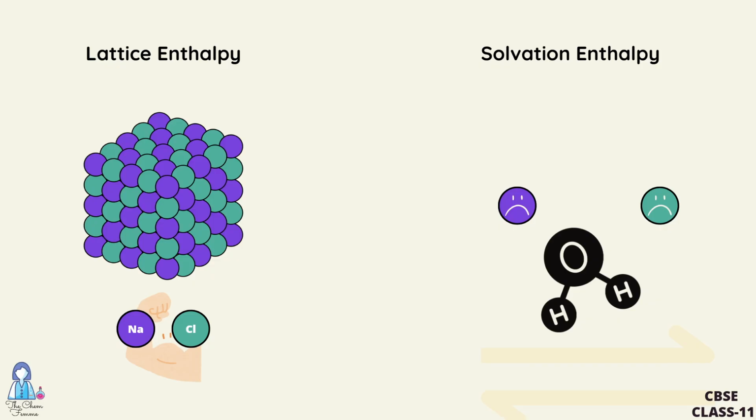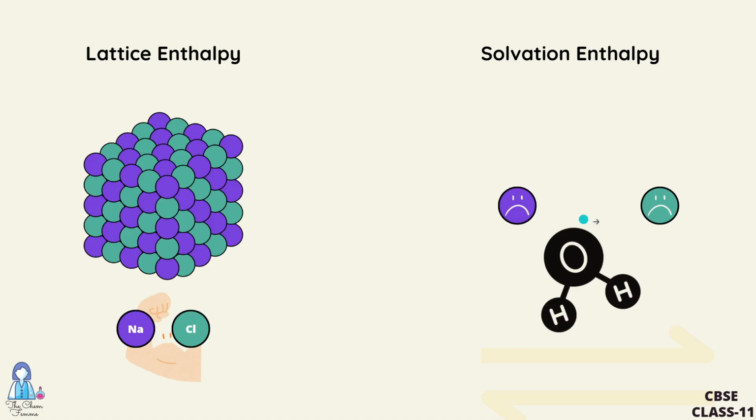Next one is solvation enthalpy. Over here, you have the same sodium and chloride ions. And when you have the water molecule, solvation enthalpy is basically the amount of energy which is released when 1 mole of the salt is dissolved in the solvent.